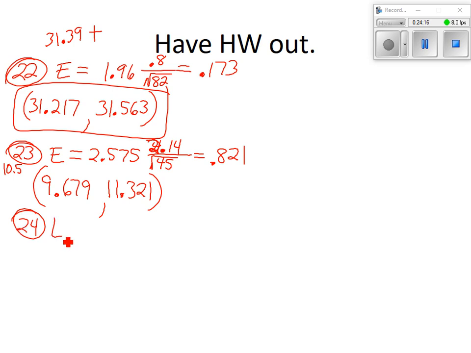Next one, E, again, for 80, was that 1.28? Yeah. What's S this time? 4.7. N, 100. What's that give us? 0.671. X bar this time was 20.6.